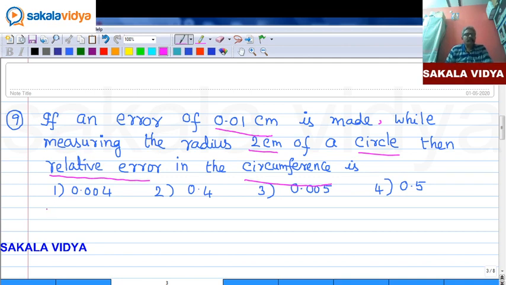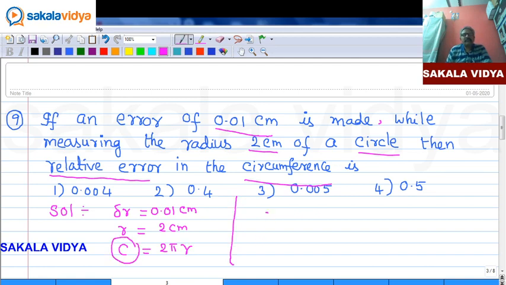So now the solution, what is given? Error in radius given, say delta r equal to 0.01 centimeter. Next radius given, r is equal to 2 centimeters given. Circumference c is equal to 2 pi r. Now what we need to find out? Relative error in circumference, that's the formula is delta c by c you need to find out.